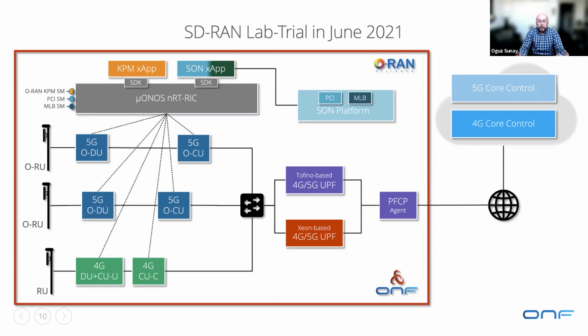It will be composed of nearly all commercial-grade components from various vendors, and proprietary and open source components will coexist in the trial. And we will demonstrate simultaneous control of 4G and 5G networks with near real-time RIC from SD-RAN and xApps using ORAN specified as well as proprietary service models.